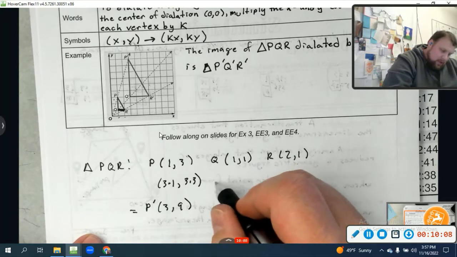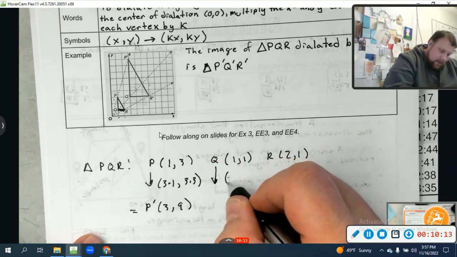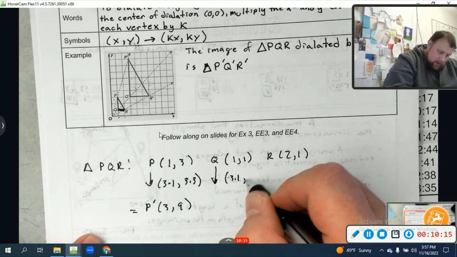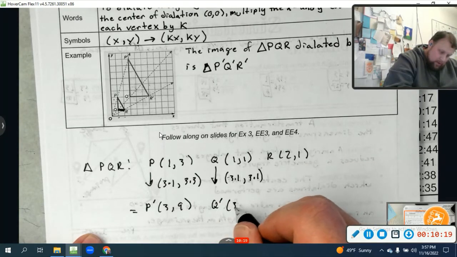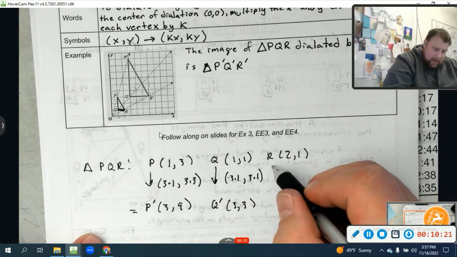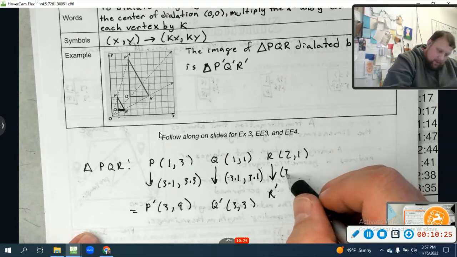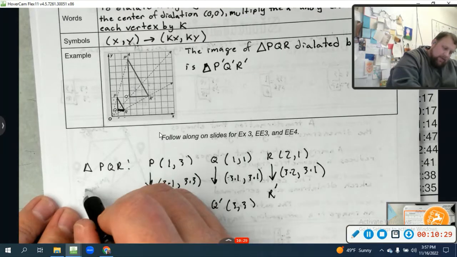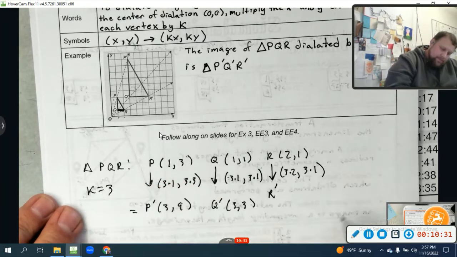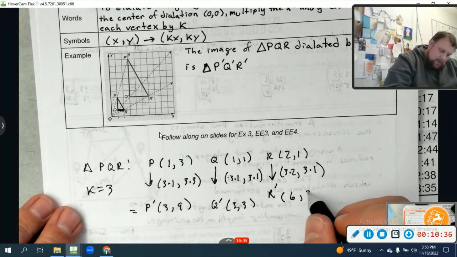Q, to get to Q prime, it's going to be 3 times 1, 3 times 1, or the point Q prime, 3, 3. And last, to get from R to R prime, we're going to have 3 times 2 and 3 times 1, because it's a scale factor of 3, right? I forgot to write that, k equals 3. Then it's going to be R prime, 6, 3.